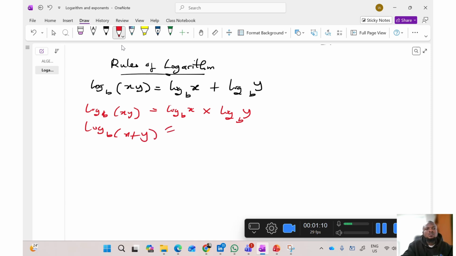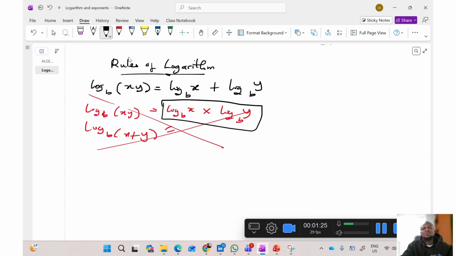This is wrong. This is not the rule. When you have an expression of the logarithm of x to base b times the logarithm of y to base b, it is not part of the rule. When you have something like that, you leave it that way.